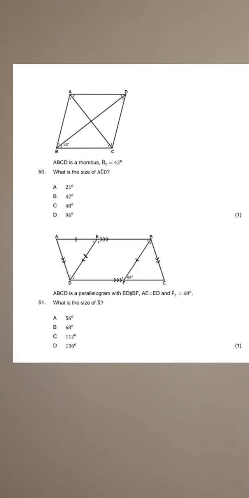I need to get going. ABCD is a rhombus. If you look at your rhombus, your vertices, angle A, angle D, angle C, angle B, has your diagonals with the angles there: angle A1, angle A2, angle D1, angle D2, angle C1, angle C2, and angle B1, and angle B2.